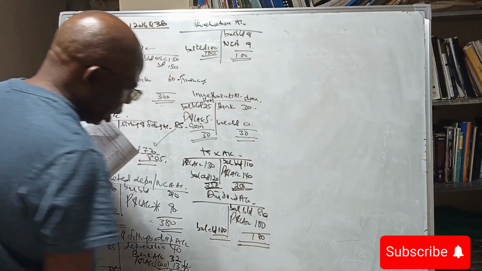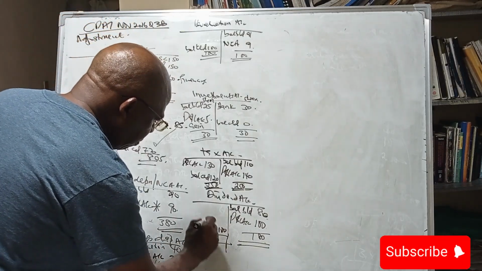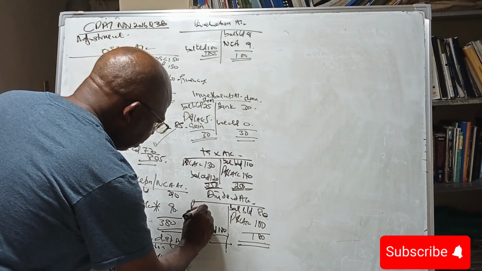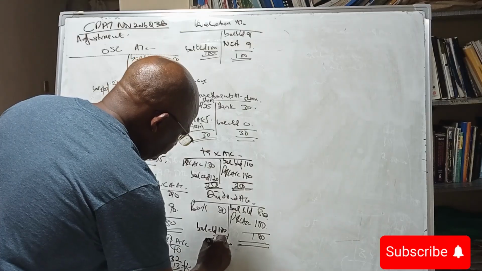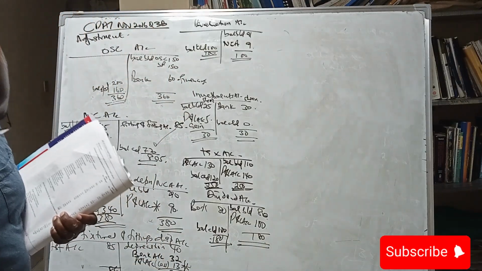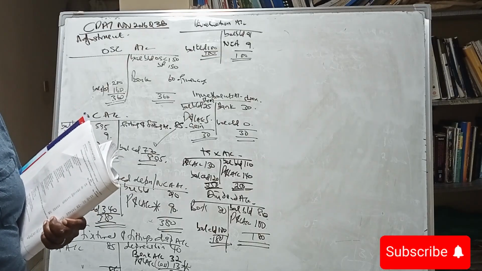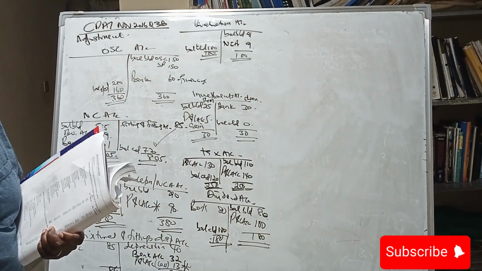Total liability becomes 180. But at the end of the year, instead of having 180, we have 100, meaning we have paid through bank an amount of 80, giving us a balance of 180.